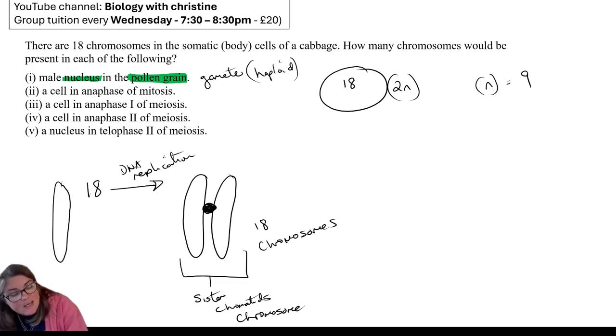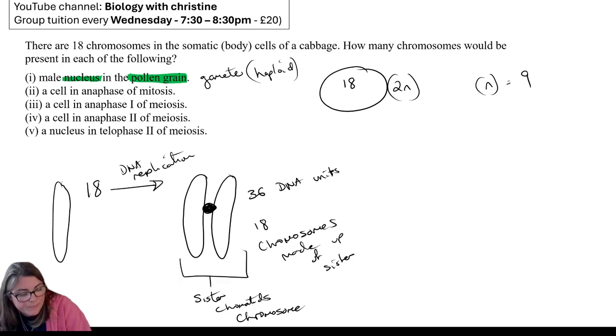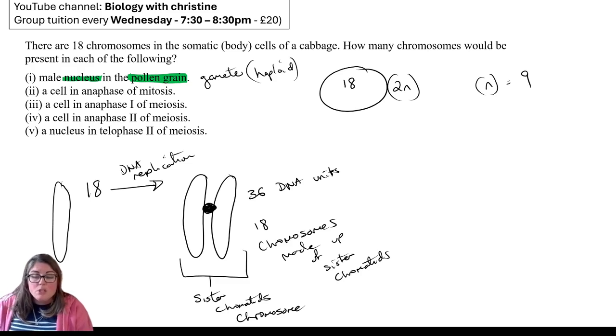So in this case, they could actually expect you to do 36, so 36 if we're looking at the DNA units. However, 18 chromosomes made up of sister chromatids. It's important to note the difference between the two.